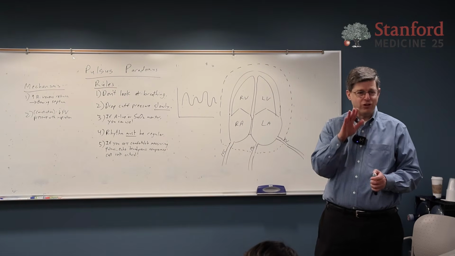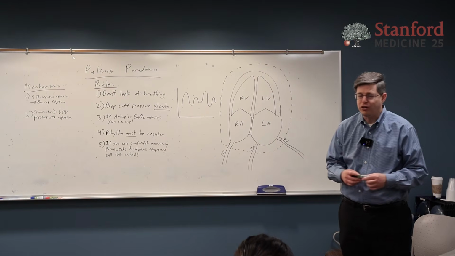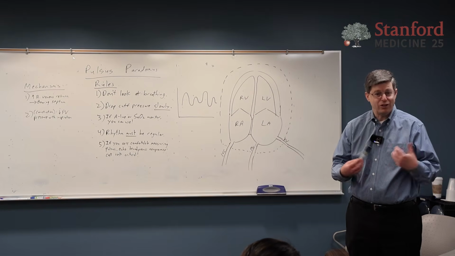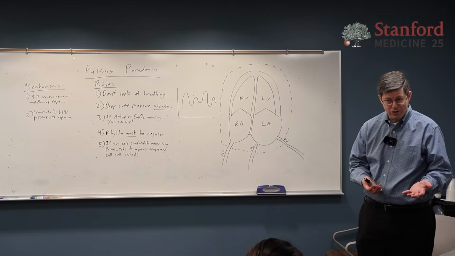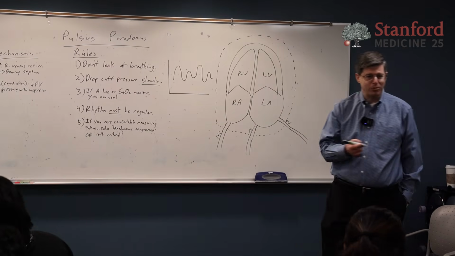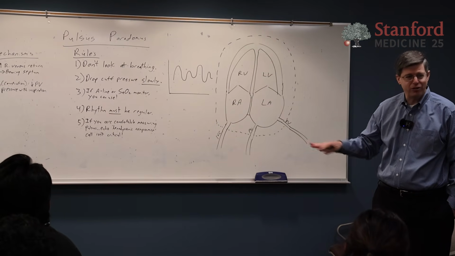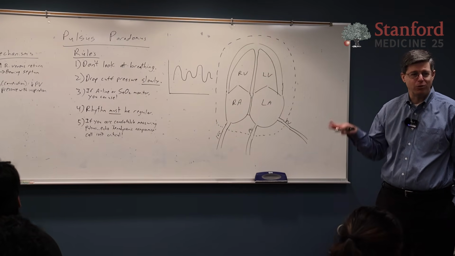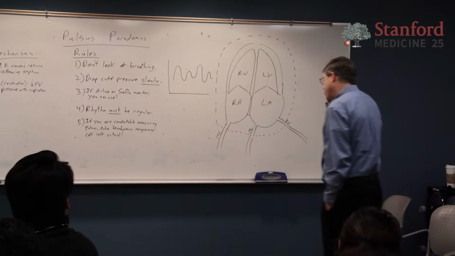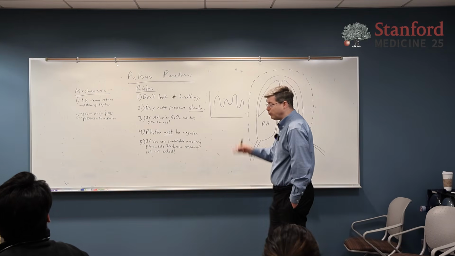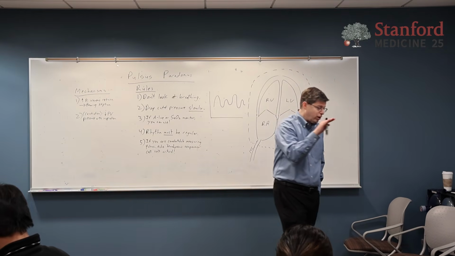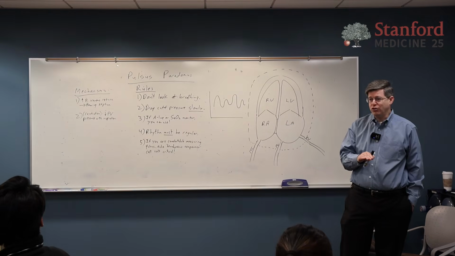Pulsus paradoxus is a drop in your systolic blood pressure greater than expected with inspiration. The term's a bad one because paradoxus implies it's sort of the opposite of what you'd expect. It's not opposite, it's just an exaggeration of a normal physiologic effect. So in all of us, when we inhale, for reasons we'll get to in a second, you will have a small drop in your systolic blood pressure.